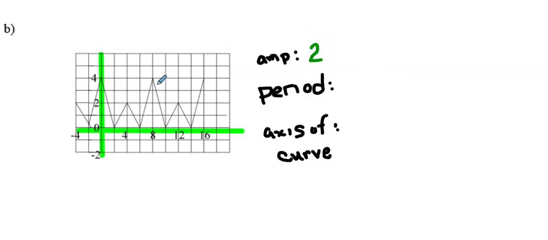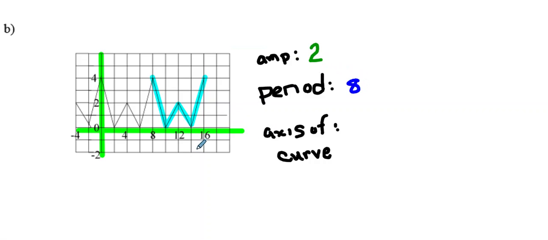Period: the period length depends on one cycle. If I look at my cycle as starting at high and ending at high, I'm starting at 8, ending at 16, so that means my period length must be 8.